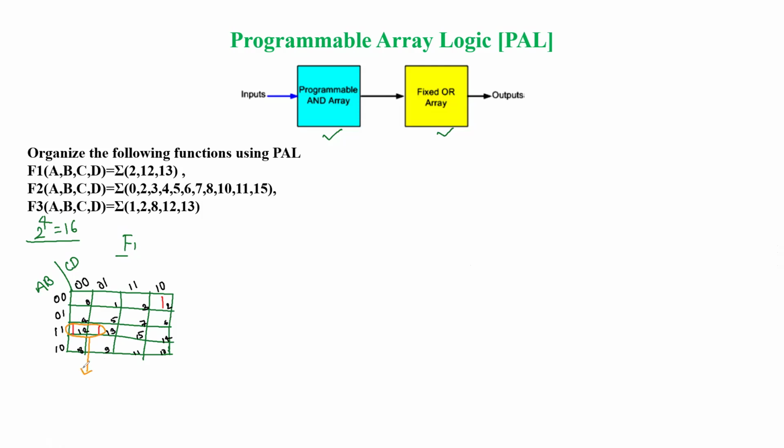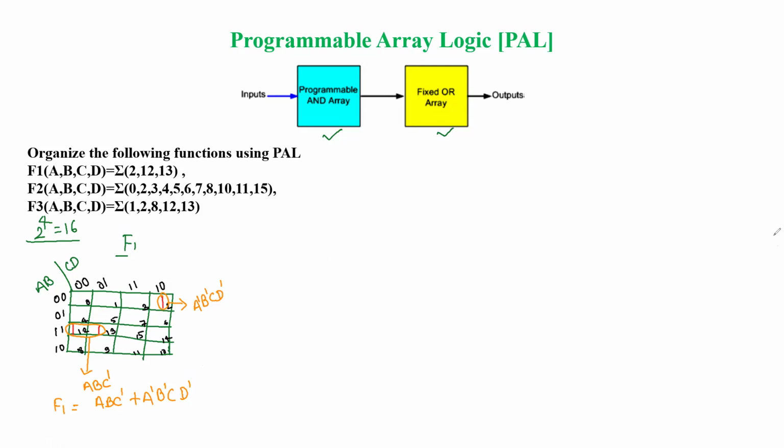For this pair, row-wise common is A, B. Column-wise common is C dash. So we have A B C dash, one product. And this min term 2 is isolated. So row-wise we have A dash B dash, column-wise we have C D dash. So finally, for this function F1 we have 2 product terms. We write this as A B C dash plus A dash B dash C D dash.